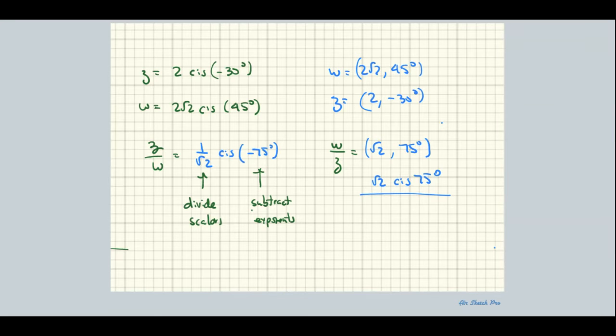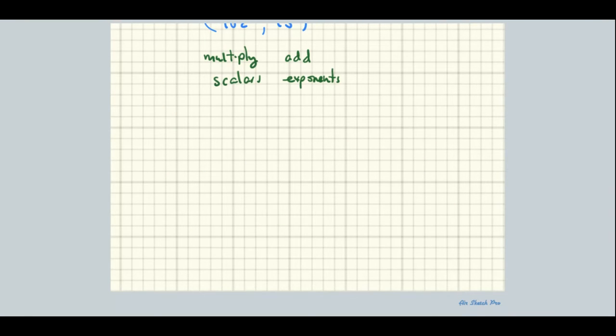Let's multiply z times w, just using the distributive law. So we had z, which was root 3 minus i, and w, which was 2 plus 2i. Let's multiply those.